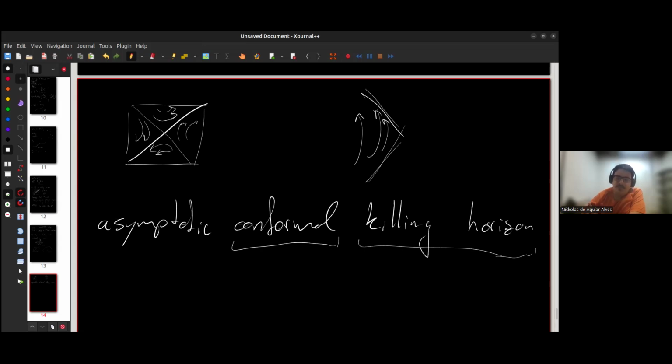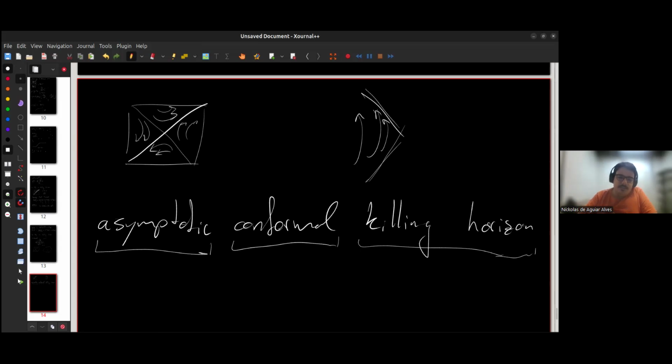Conformal means that I'm having to take a conformal transformation to push my vector field to infinity. And asymptotic means that this holds in a limiting sense. So it is not a genuine Killing horizon in the sense that it is not invariant under an isometry of a neighborhood of the horizon, but rather as I approach the horizon, it becomes more and more symmetric in a limiting sense.